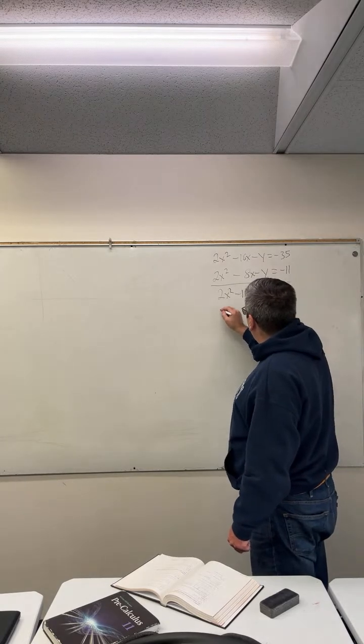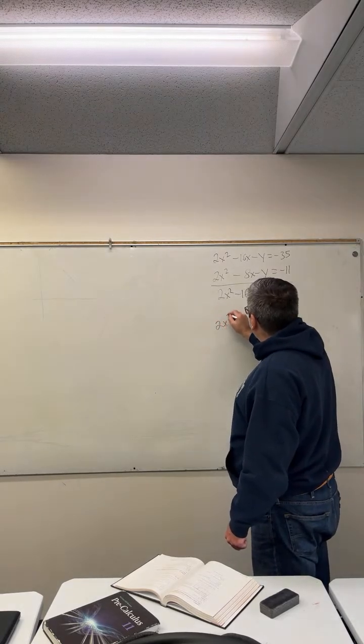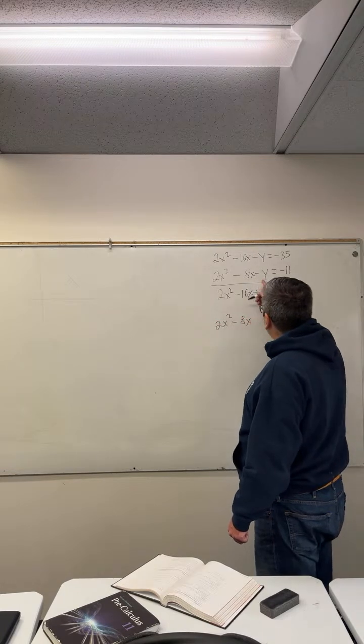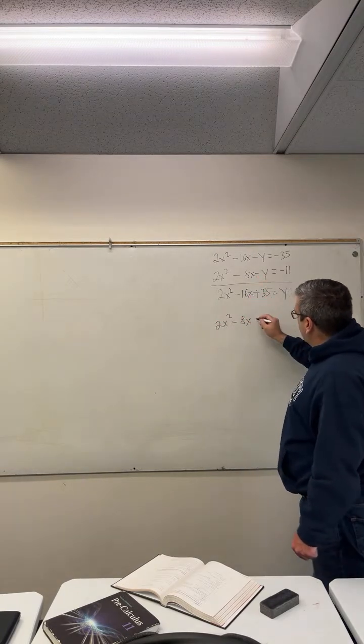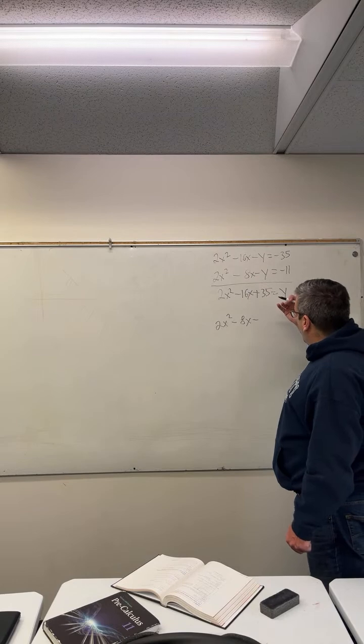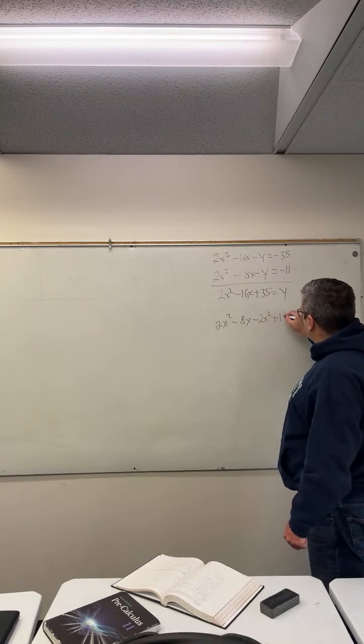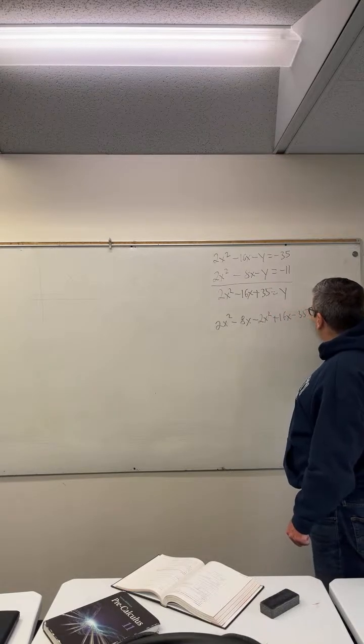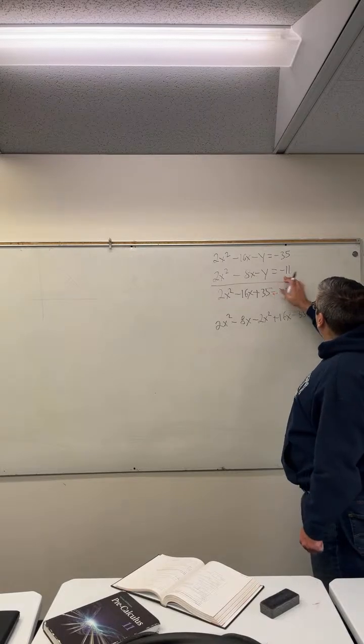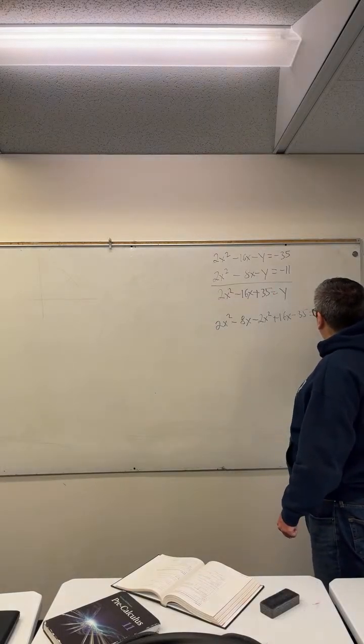So it will be 2x squared minus 8x, and we have minus here. If we open brackets, it will be minus 2x squared plus 16x minus 35 equals negative 11.